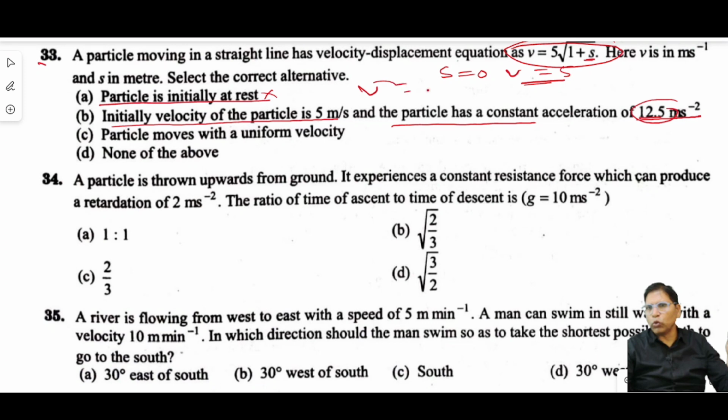Here v square is equal to 25 into 1 plus s. If we differentiate v square with respect to s, we get 2v into dv by ds equal to 25. Therefore v dv by ds equals 25 by 2, that is 12.5 meter per second square, the acceleration of the particle. So option B is correct.